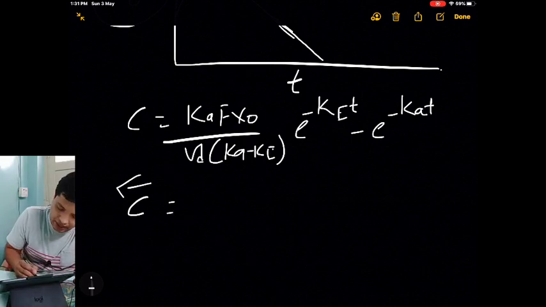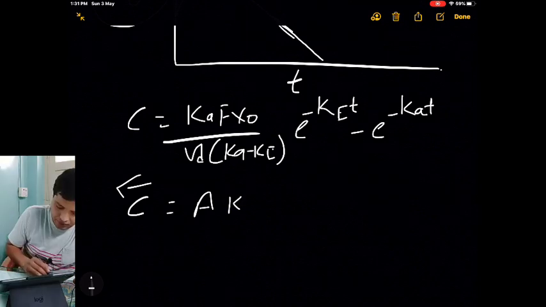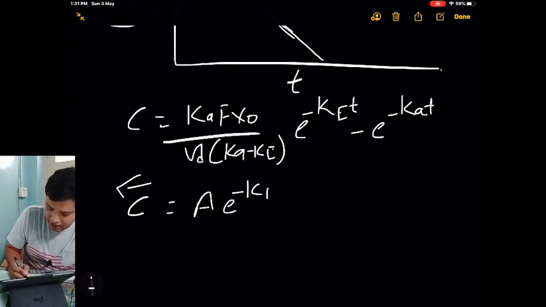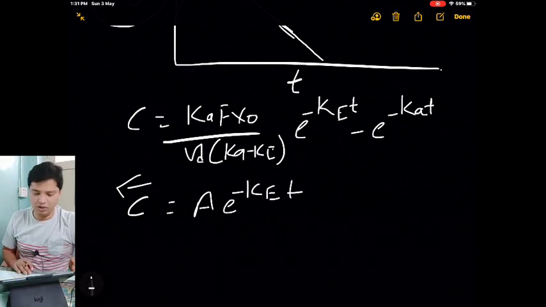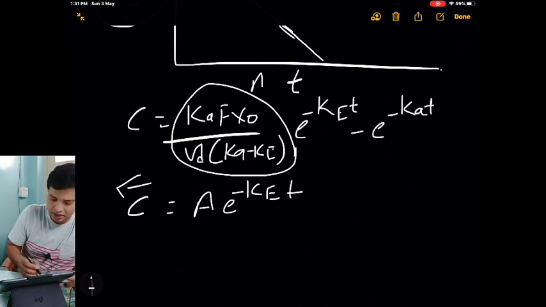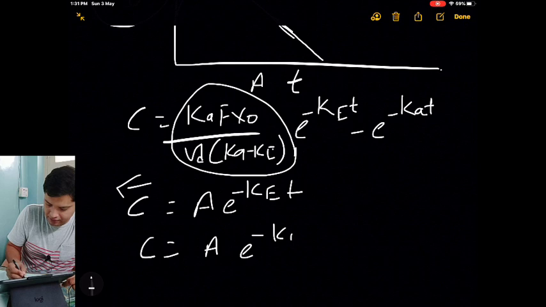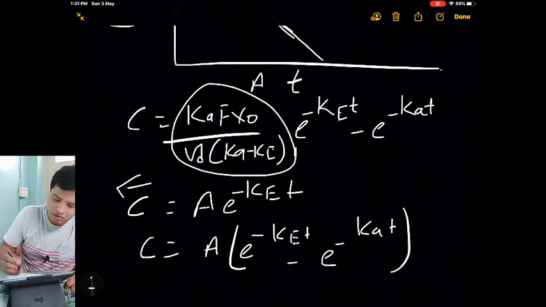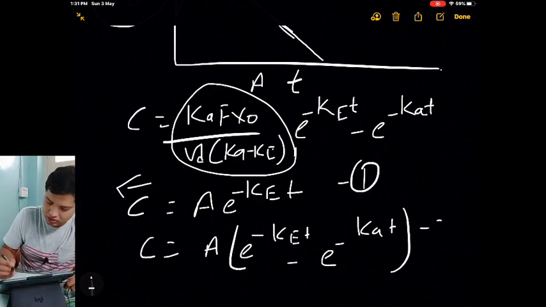It is A e to the power minus Ke t, that is what we got. This is the extrapolated plasma concentration. Now this A is this one. Here consider this as A also. So I'll write that equation. C is equal to A (e to the power minus Ke t minus e to the power minus Ka t). So this is one equation, this is 2.